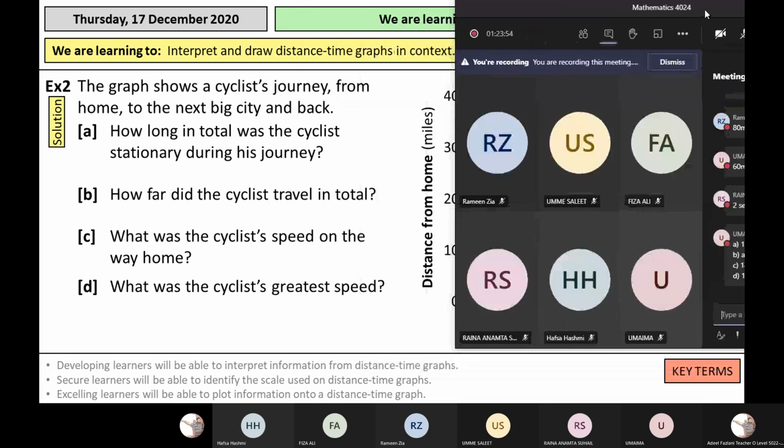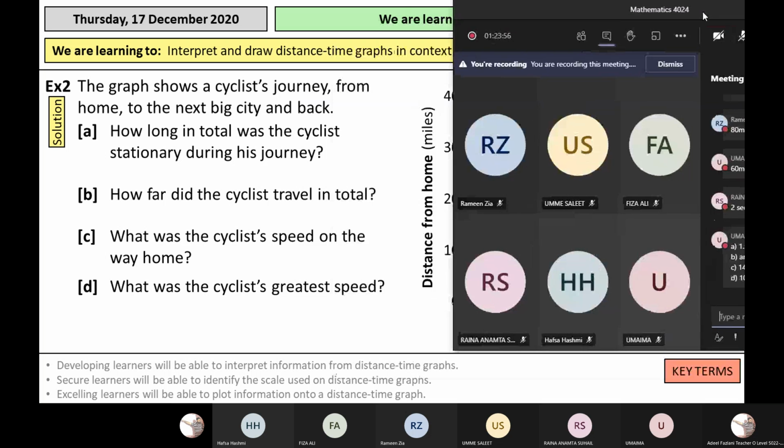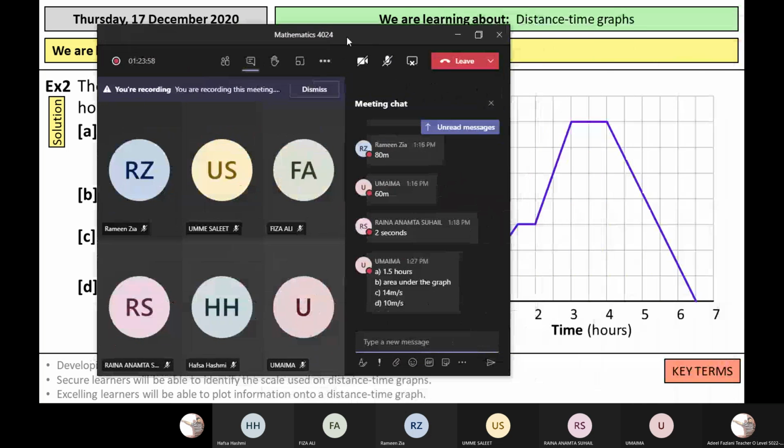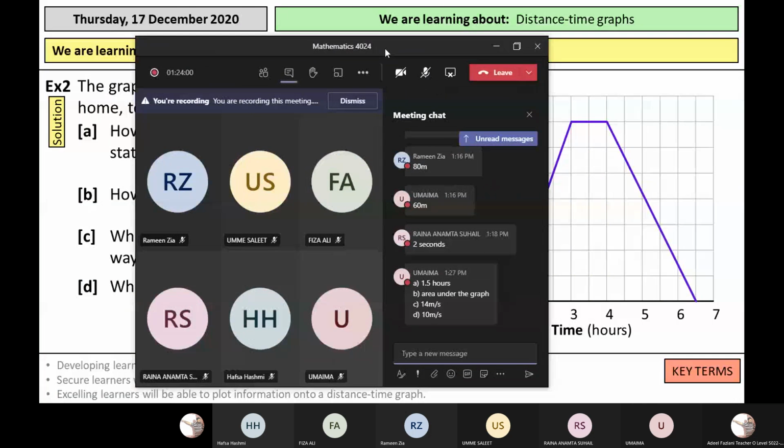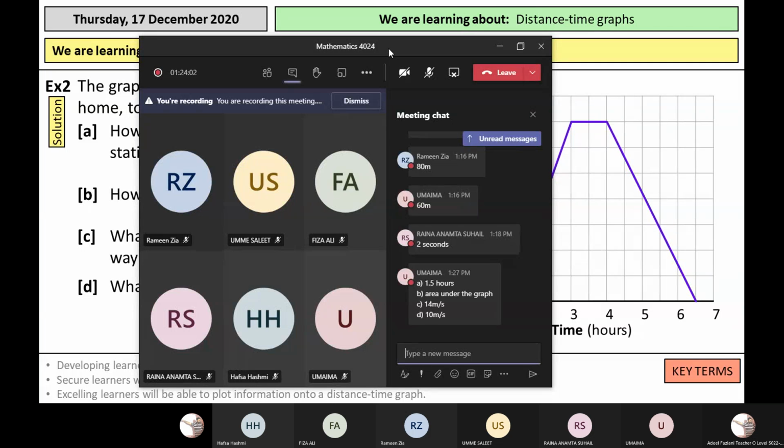Omema, you are saying how far did the cyclist travel in total? This is your own view, but anyways, you have tried your level best. Let me conclude this slide. I'm going to conclude the slide.